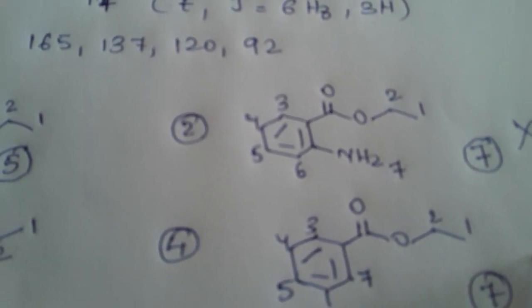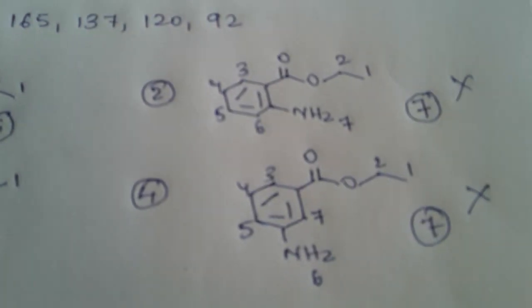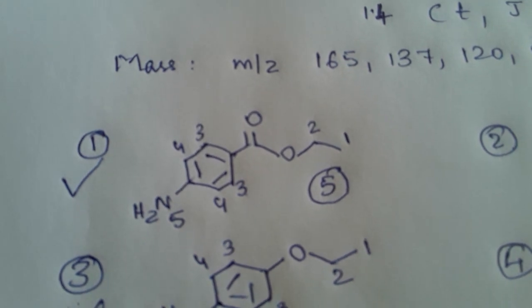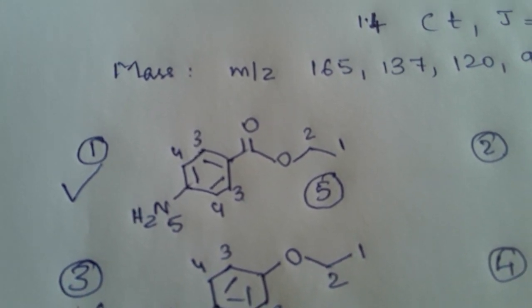Choice 2 is ruled out from the symmetry of the ring substitution. Choice 4 is also ruled out. Choice 3 can be ruled out from the data on the exchangeable hydrogens, whereas choice 1 is your correct answer. Thank you.